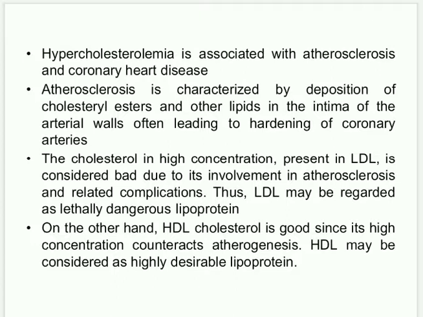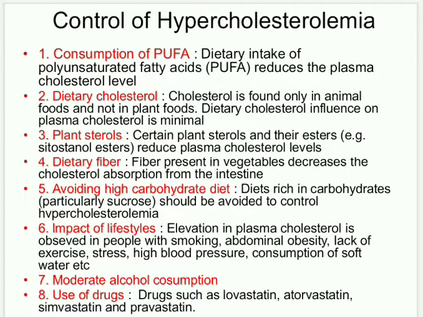So how do we control hypercholesterolemia? It is controlled by the consumption of polyunsaturated fatty acids, and by intake of plant food rather than animal food. Plant sterols are also responsible for reducing the plasma cholesterol level.